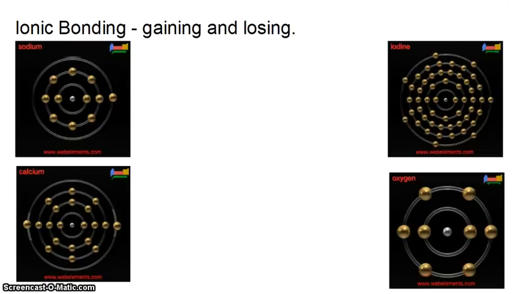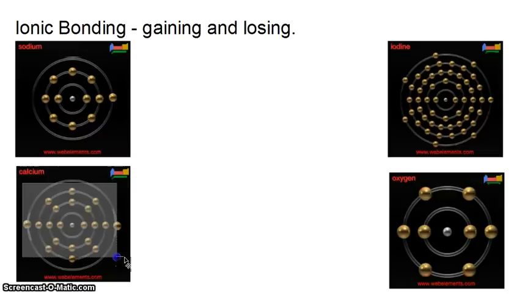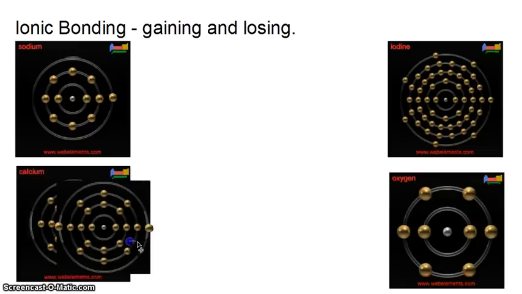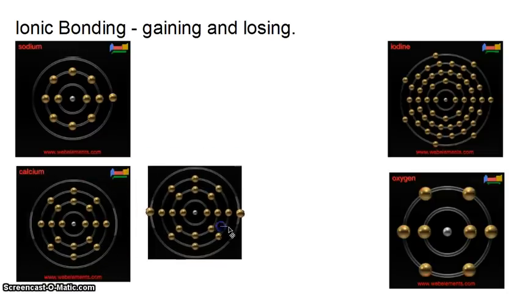Okay, if we look at calcium, a calcium atom has 2 electrons in its very outside energy level, out in the 4th energy level. And if you take something like oxygen, which has 6, both of those could go over to oxygen, making a compound.